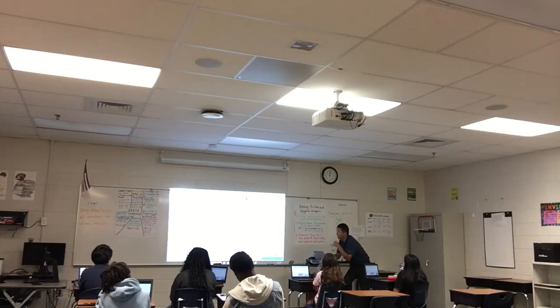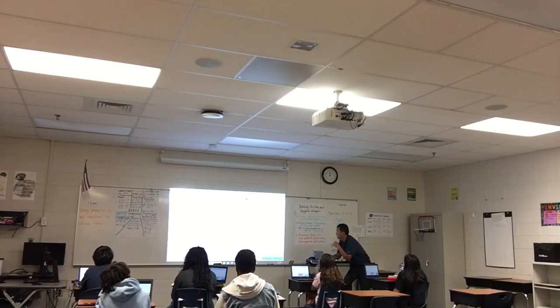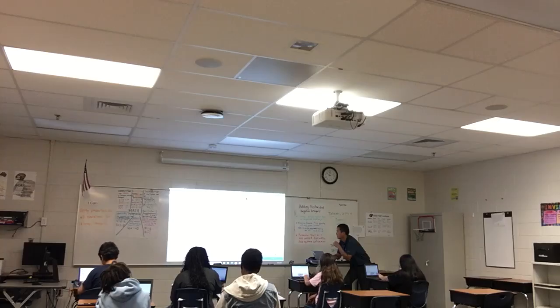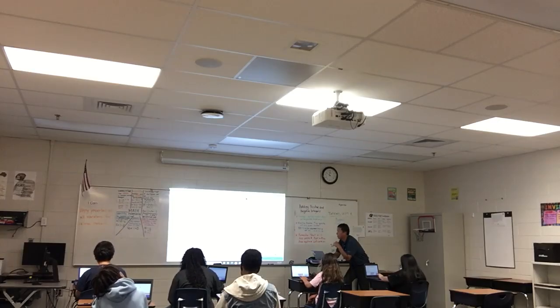So let's add the fractions together. Let's go 5 over 8. Can everybody do this with me? 5 over 8 plus 1 over 3. Oops, I just messed that up.